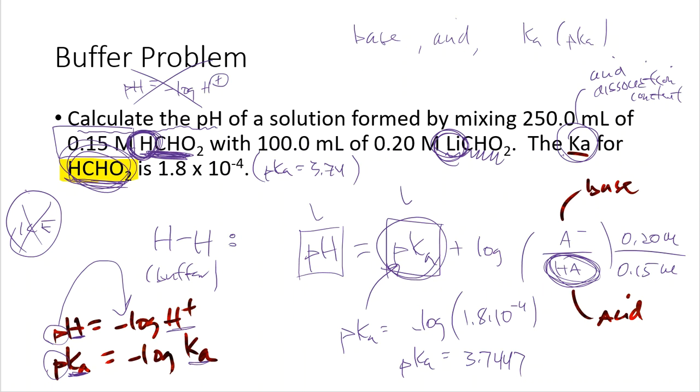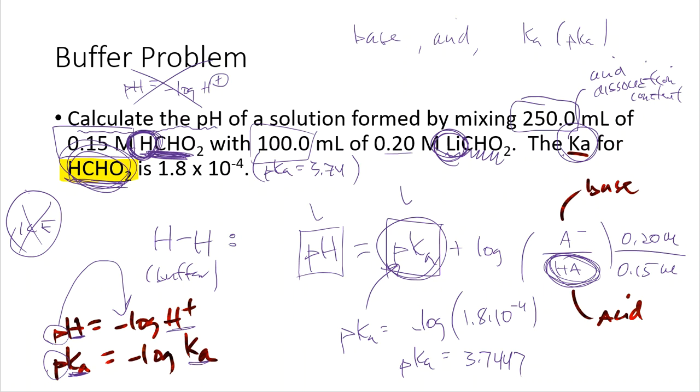Notice we took 250 milliliters of that 0.15. And we took 100 milliliters of the 0.2. And then we mixed it together in a container. So when this is mixed, in a sense, I've somewhat diluted both of these, haven't I?